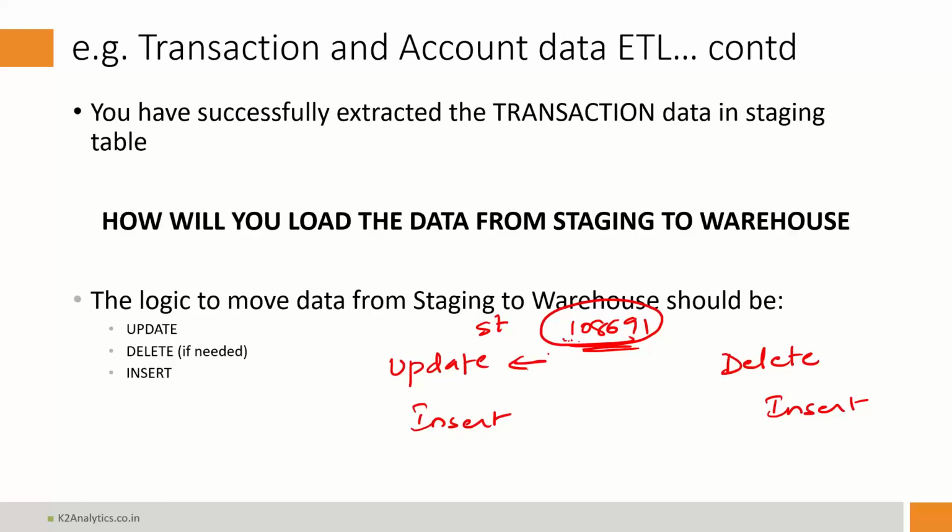All other IDs which are not there in the warehouse should be inserted. The other option is, this record is already there in the warehouse and again it got extracted in staging. So from warehouse you delete this record. Now all the information which is there in staging you simply insert. So typically the logic of moving data from staging to warehouse will be update insert or delete insert.